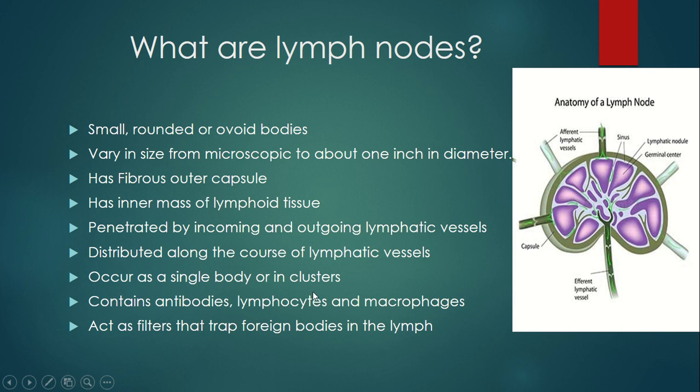You are most familiar with white blood cells in respect of their function. So when the lymph passes through these lymph nodes, the lymph is filtered, and the foreign particles present in the lymph are neutralized by the lymphocytes. They are trapped by the lymph nodes. So it is of great importance that these lymph nodes are concerned with immunity.